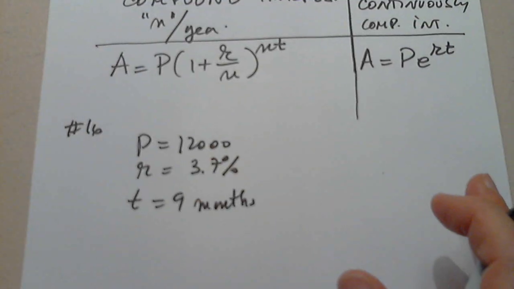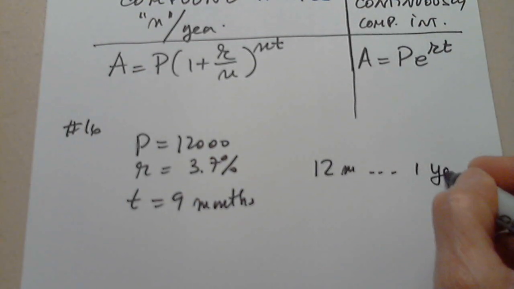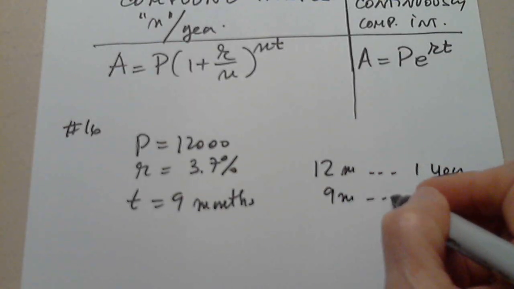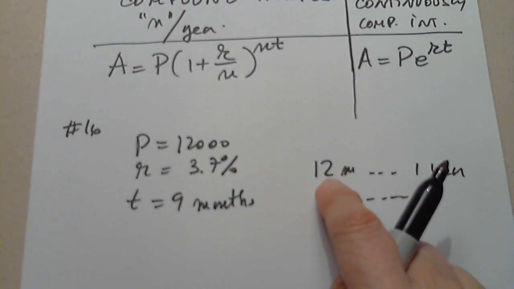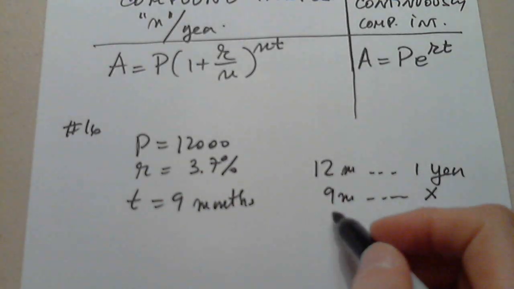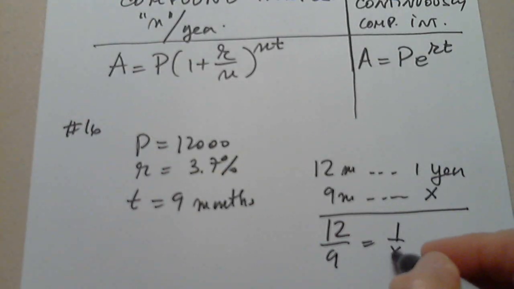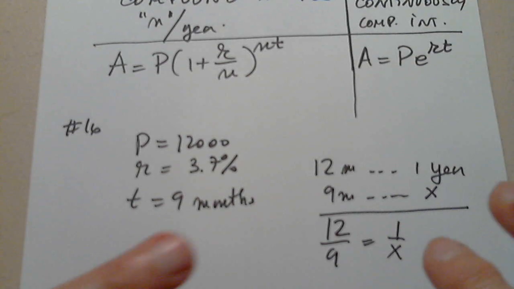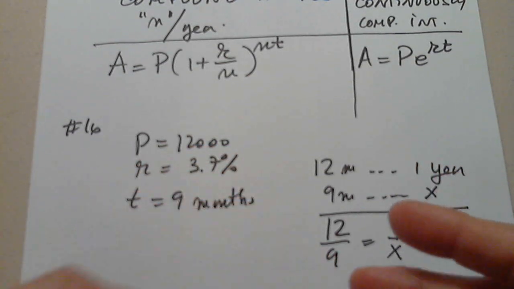So here's the idea. We know that 12 months correspond to 1 year. 9 months will correspond to X. 12 months in a year, 9 months, how much? This is a proportion. 12 over 9 equals 1 over X. Proportion you can flip, but you have to flip both sides at the same time.